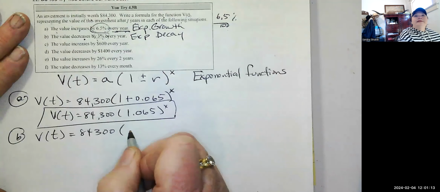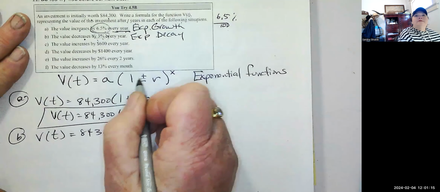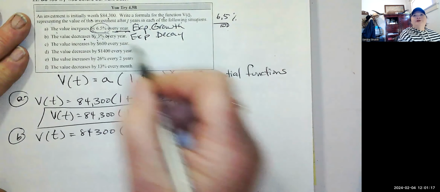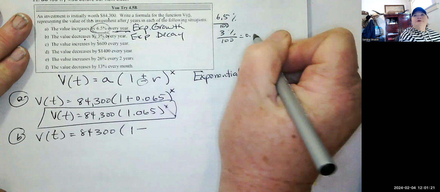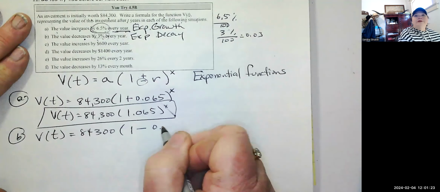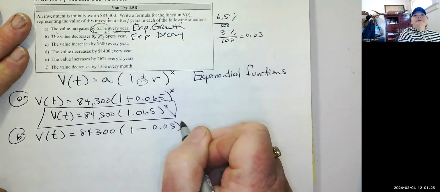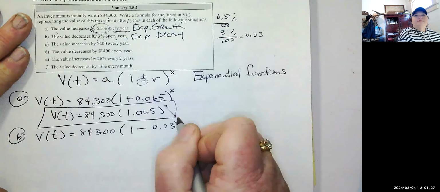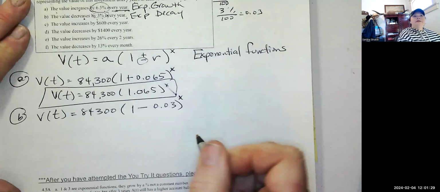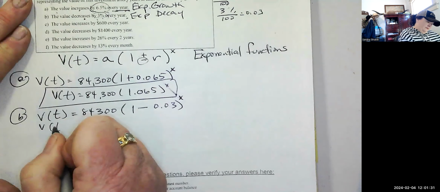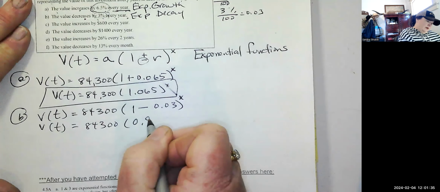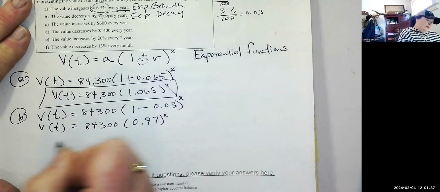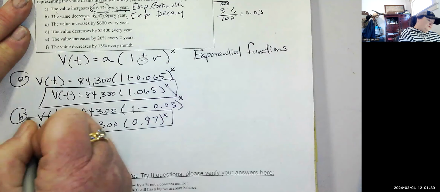All right, so that's going to be a 1 minus the rate, and the rate is 3% divided by 100 to change it to a decimal. 1 minus 0.03 raised to the every year. So it too is X. Clean this up. 0.97 to the X, and there's my answer for B.